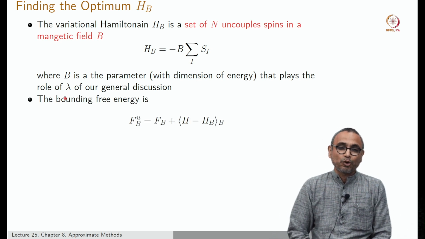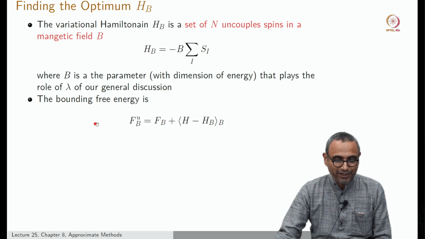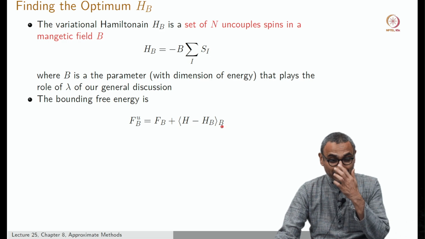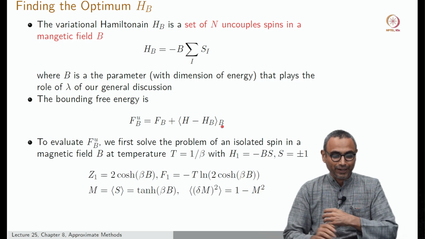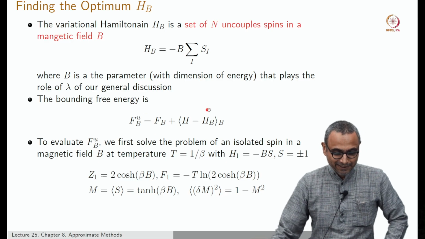Okay, so what I have to do is find the bounding free energy. The bounding free energy F_u of B is F_B, the free energy associated with this system, plus the expectation value of H minus H_B in the B ensemble. So remember, the B system has uncoupled spins. So I want to find this expression.